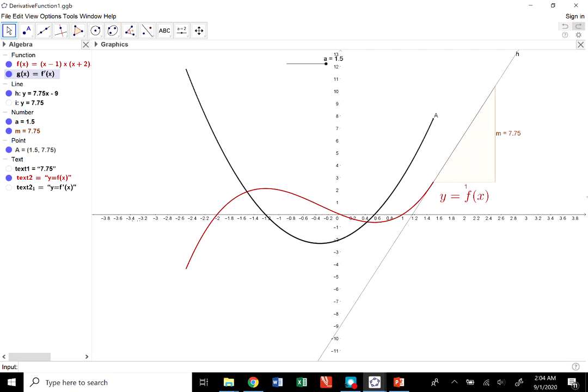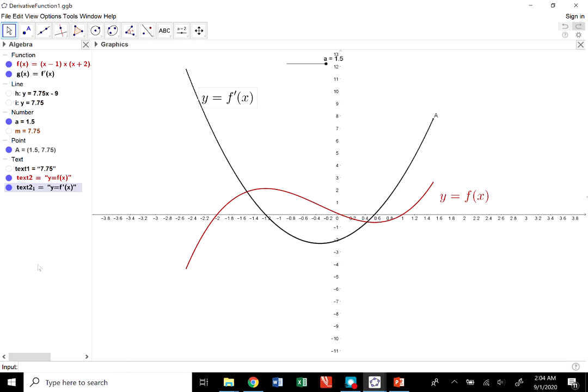There's something else that we need to look at when we see these two curves. What's up with the curves y equals f of x and y equals f prime of x? The black curve is y equals f prime of x, its derivative.